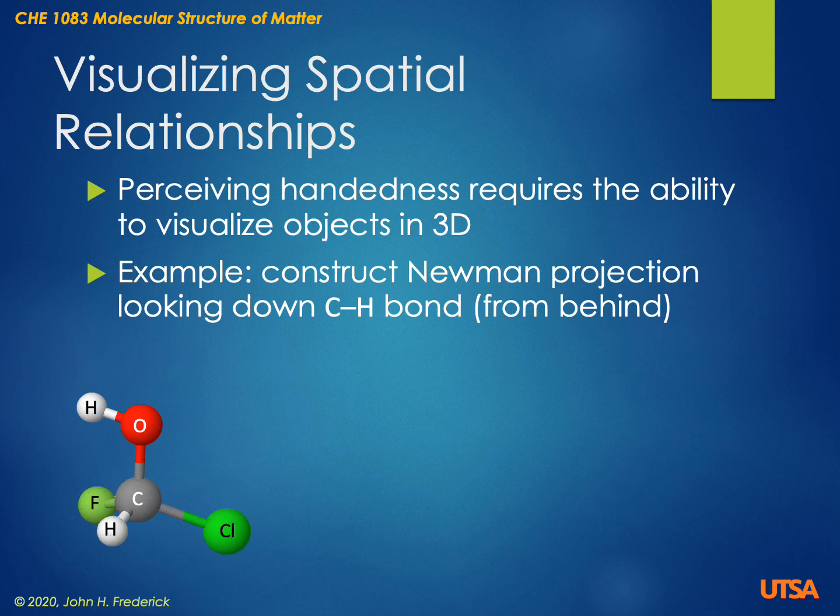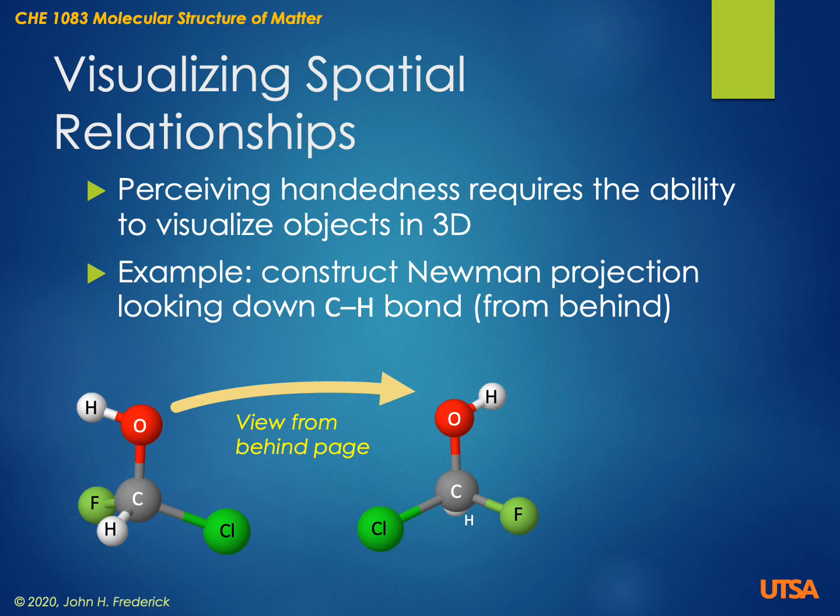It's basically a methane derivative that has a carbon, a chlorine, a fluorine, and a hydroxyl group attached to the carbon. Now, what does this molecule look like if we're looking from the other side, from behind the page? Can we imagine going around behind this molecule and seeing what it might look like?